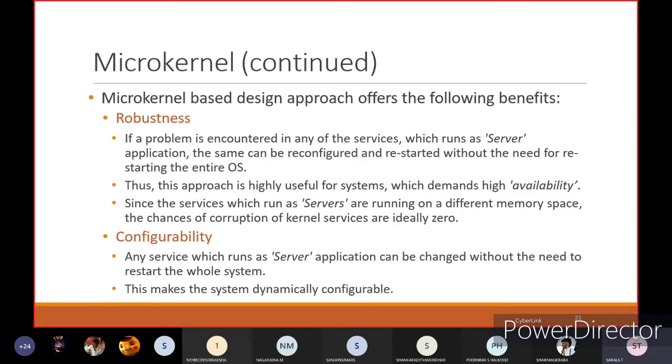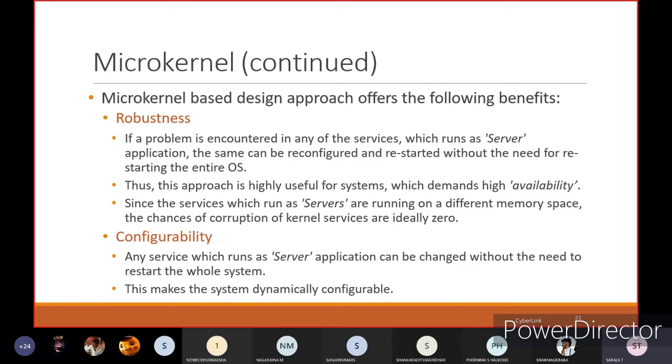All the services which are not of high priority will be running in the server or user space. If any problem occurs there, it won't affect our kernel services. That's why corruption of the kernel services will be ideally zero.